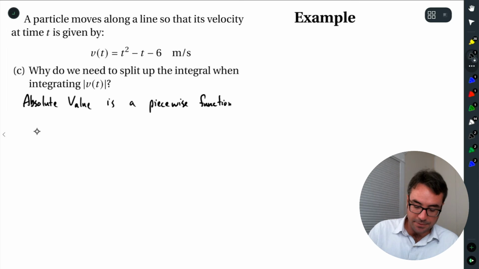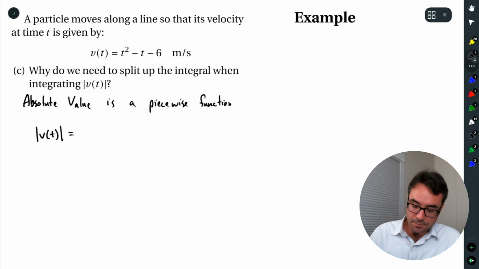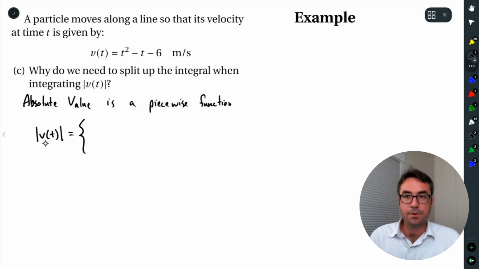So if we were to look at the absolute value of the velocity function, this is actually defined piecewise based on where our velocity is positive and where it is negative. If our velocity is positive or 0, the absolute value function doesn't do anything.